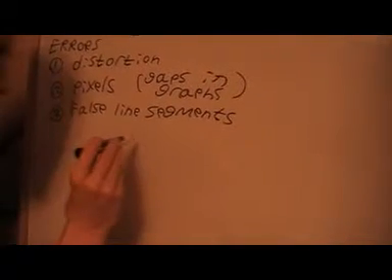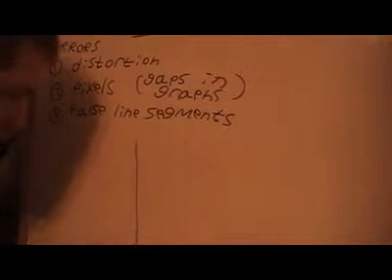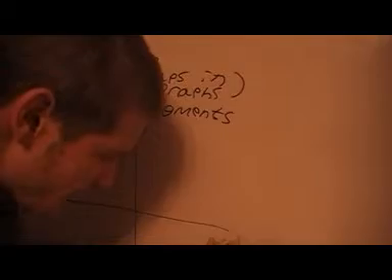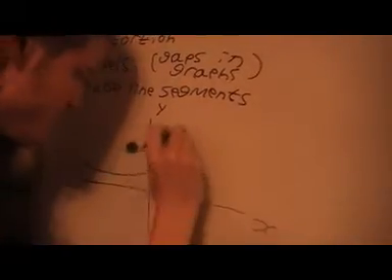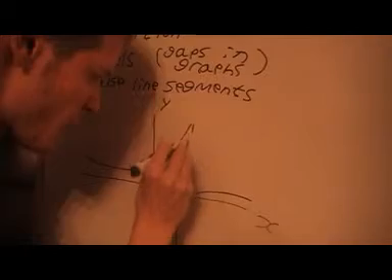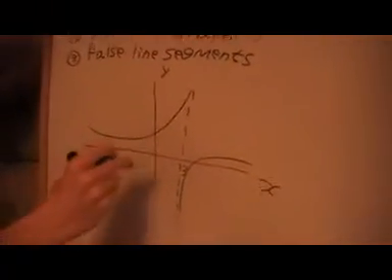Next one I want to talk about is the false line segments. So let's say I have some graph like this. And let's say this is the point 3. And we know that this is an asymptote. That's called an asymptote.